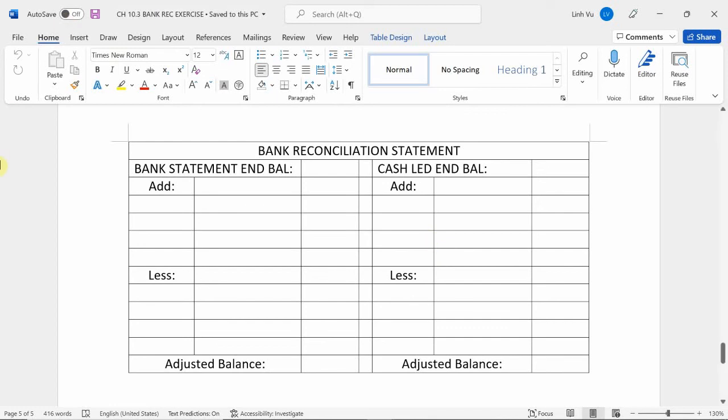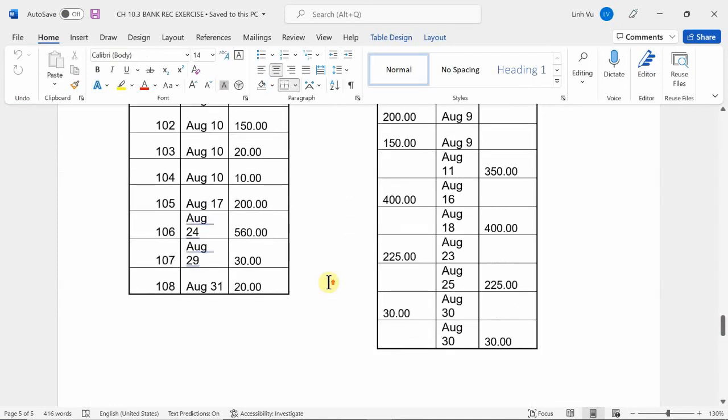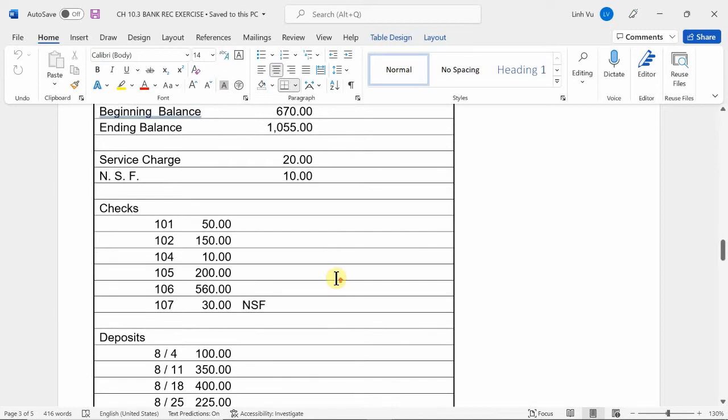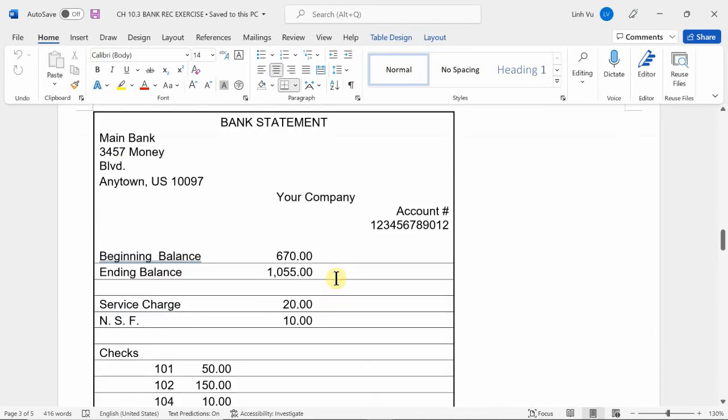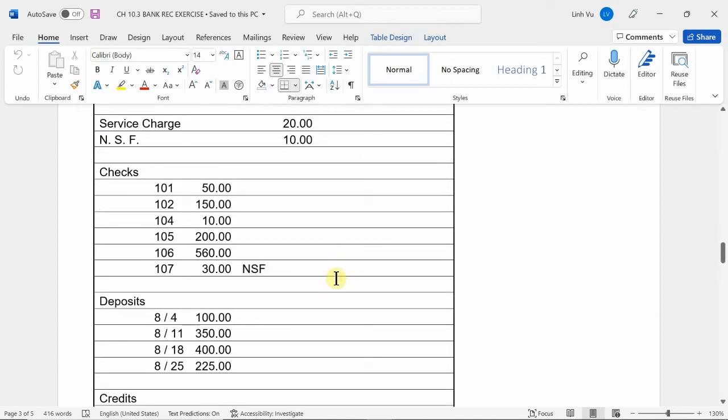So we've got to start with the ending balance in our bank account. Let's take a look at our bank statement to find out how much money we have in our bank account. Here's your bank statement. We're doing as of August.